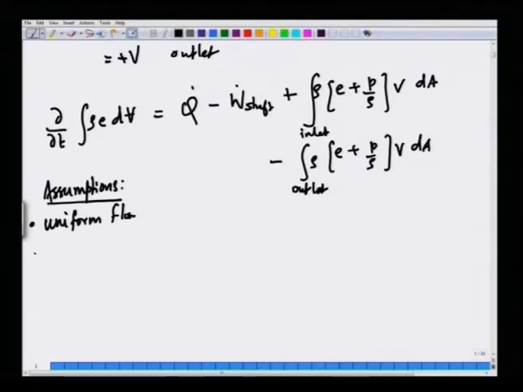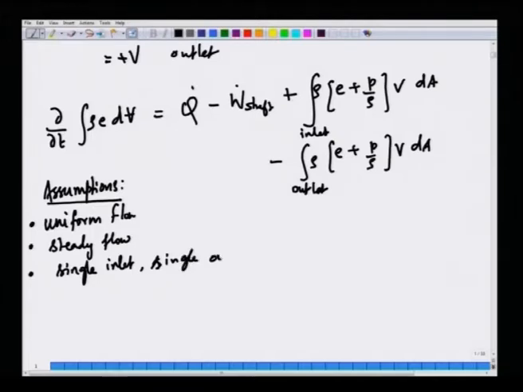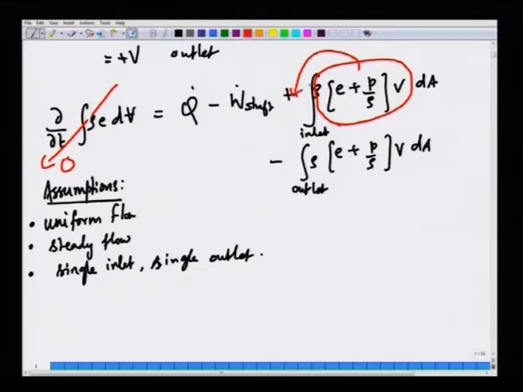But right now, if you assume uniform flow and steady flow and single inlet, single outlet, when the flow is steady, this becomes 0. When the flow is uniform, all these quantities are independent of the cross section. So, you can pull it outside the integral, same here. Okay. So, the area integral becomes just the area of the inlet and outlet.